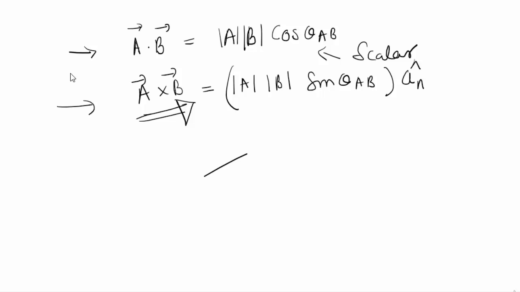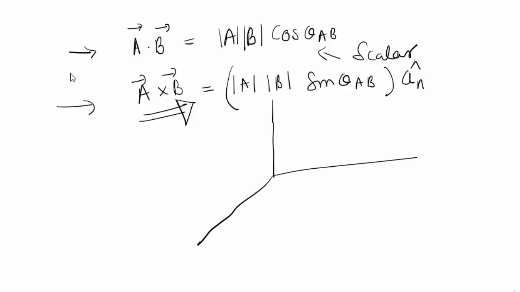So if this is a vector a, this is a vector b, the direction will always be perpendicular to the plane in which they are lying.